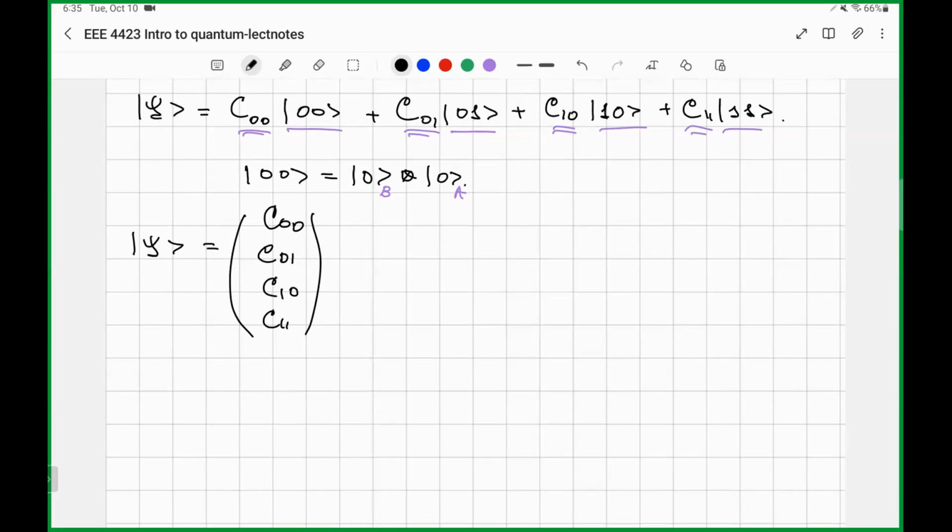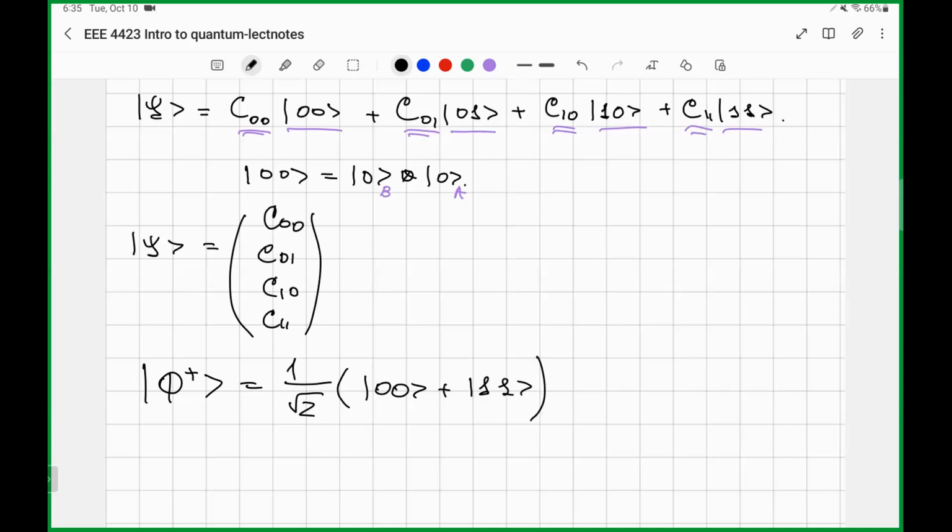An example of a state of a 2-qubit system is a Bell state, that we mentioned last time. For example, one Bell state is denoted like this: phi plus is equal to 1 over square root of 2, state 00 plus state 11.